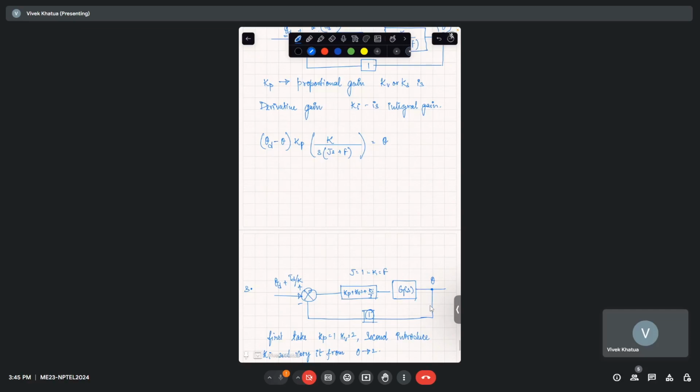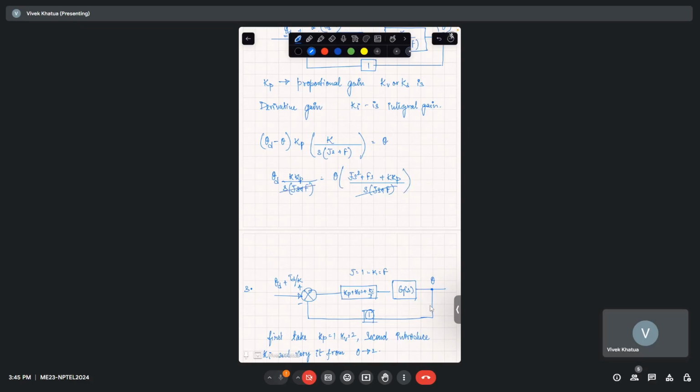So we would have theta d K Kp divided by s(Js plus F), which is equal to theta (Js square plus Fs plus K Kp) divided by s(Js plus F).